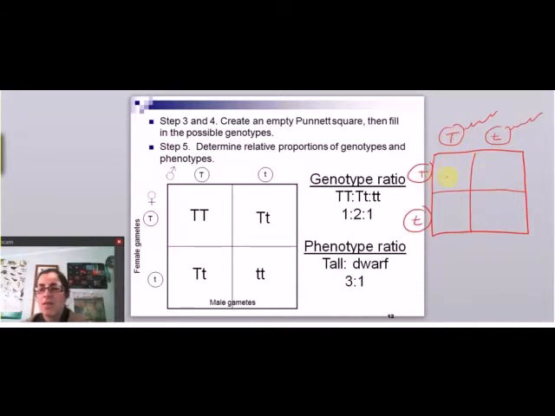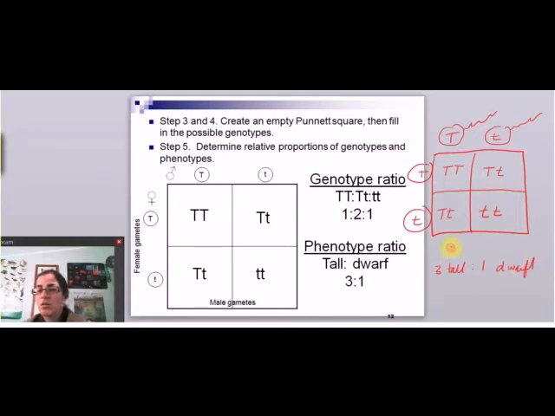So this sperm and this egg combining would give us an offspring with big T, big T. If this sperm combines with this egg, we'd get this. If this sperm got with this egg, it would be this. And if this sperm got with that egg, it would be this. So now we interpret our Punnett square, and we see that there are 3 tall offspring to 1 dwarf offspring.